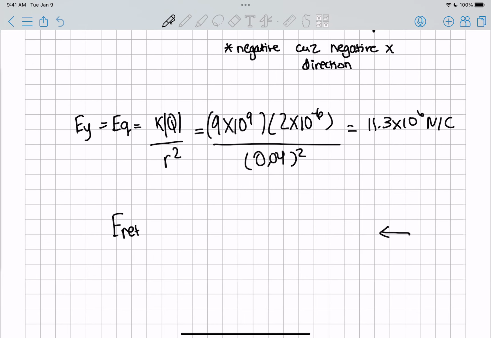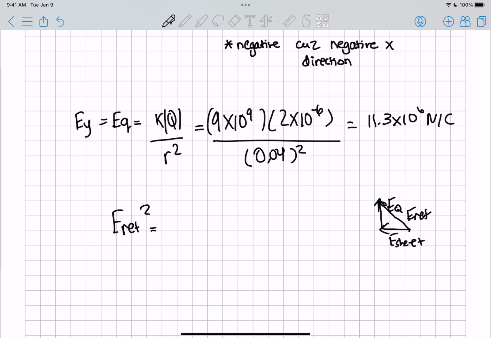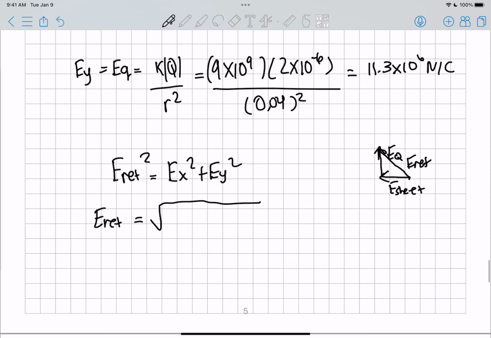So if this was E sheet to the left like that, and EQ upwards like that, then we're essentially finding this net, E net, the hypotenuse. So we're using the Pythagorean theorem. E net squared is equal to EX squared plus EY squared, and then E net is equal to the square root of both of these.